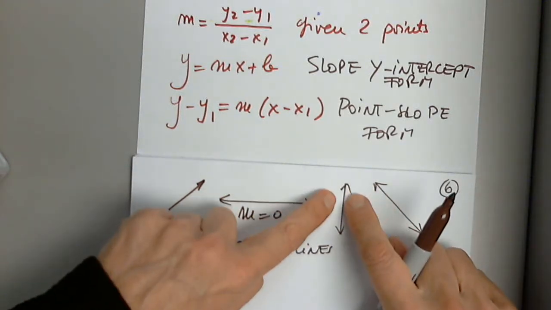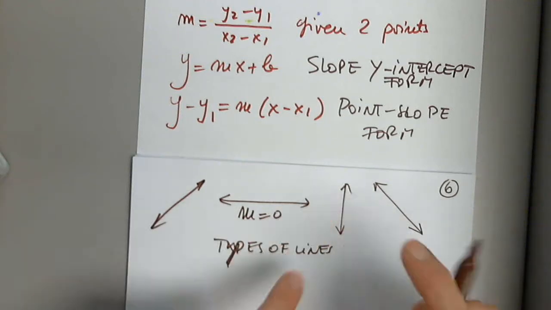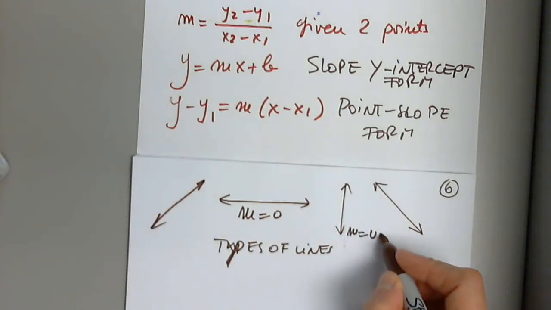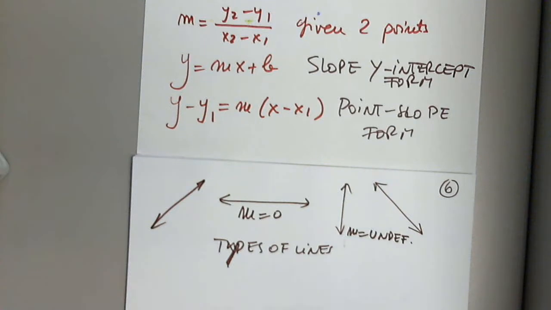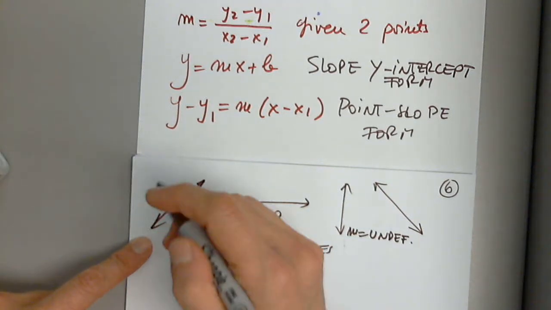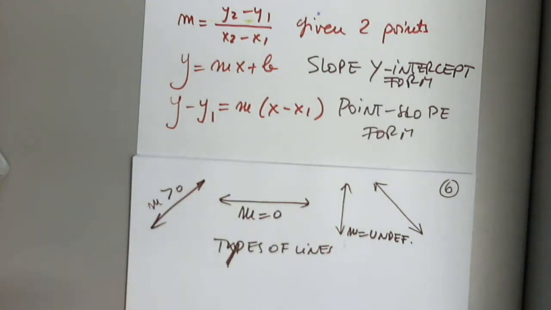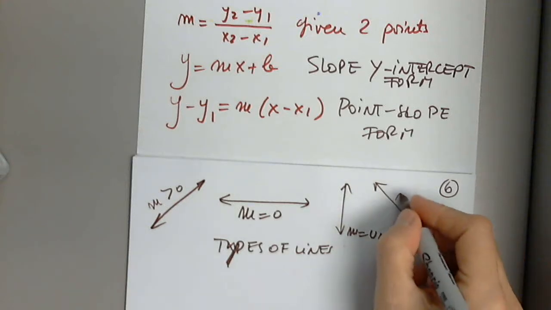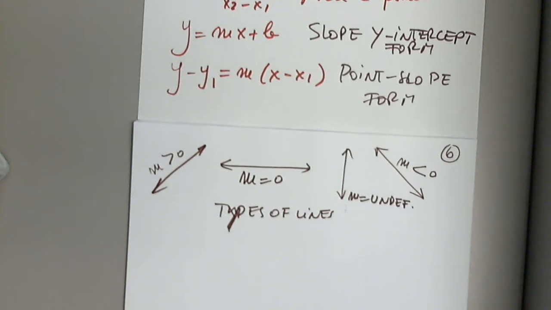Perfect. What type of line is this? Yes, it's a vertical line, so this is undefined. What kind of slope does this have? Very good. This is a positive slope. If a line goes from negative values to positive values, it has a positive slope. If a line goes from positive values to negative values, it has a negative slope.